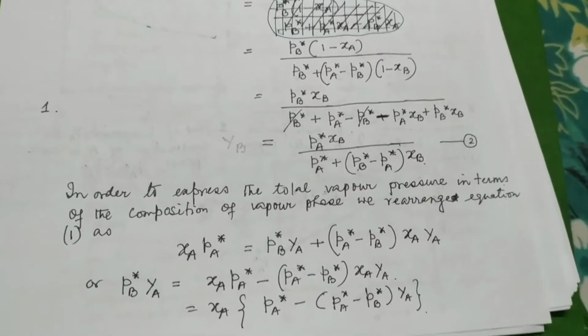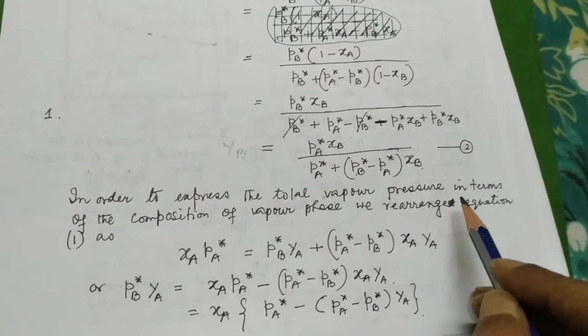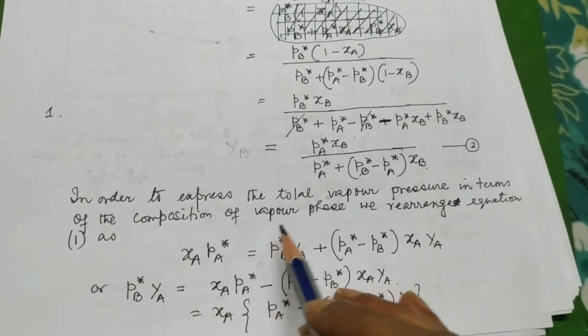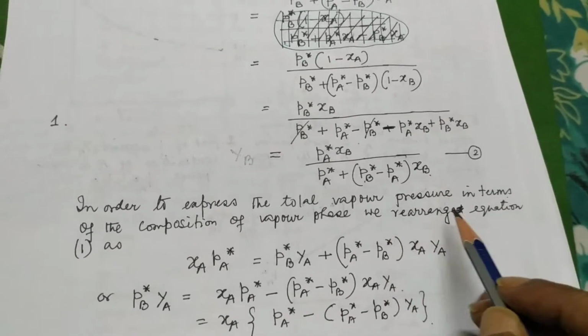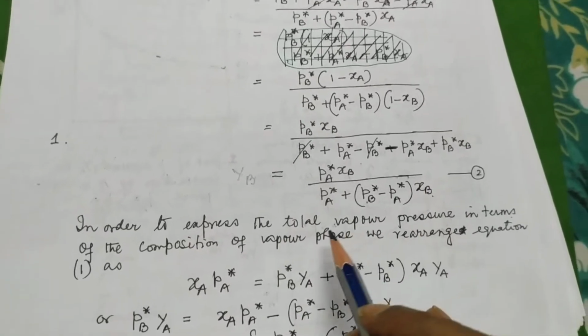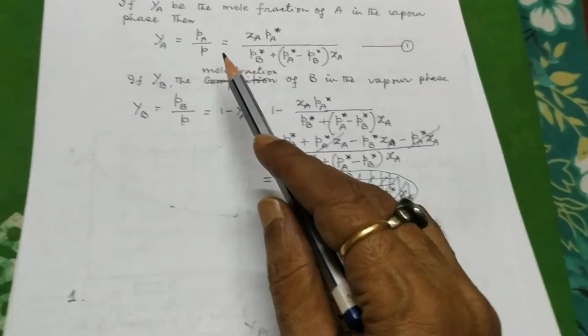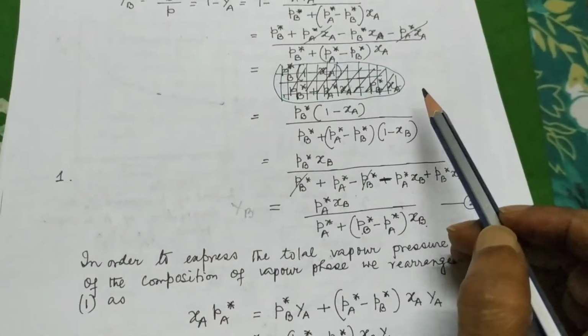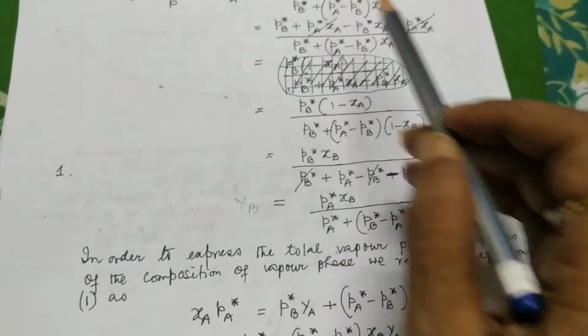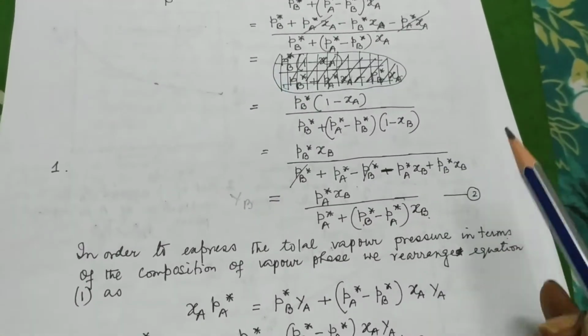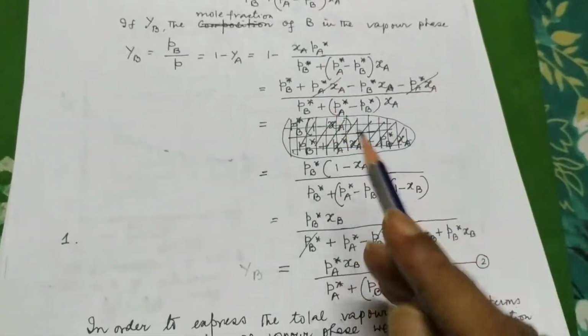Now in order to express the total vapor pressure in terms of the composition of the vapor phase, we rearrange equation 1. How?